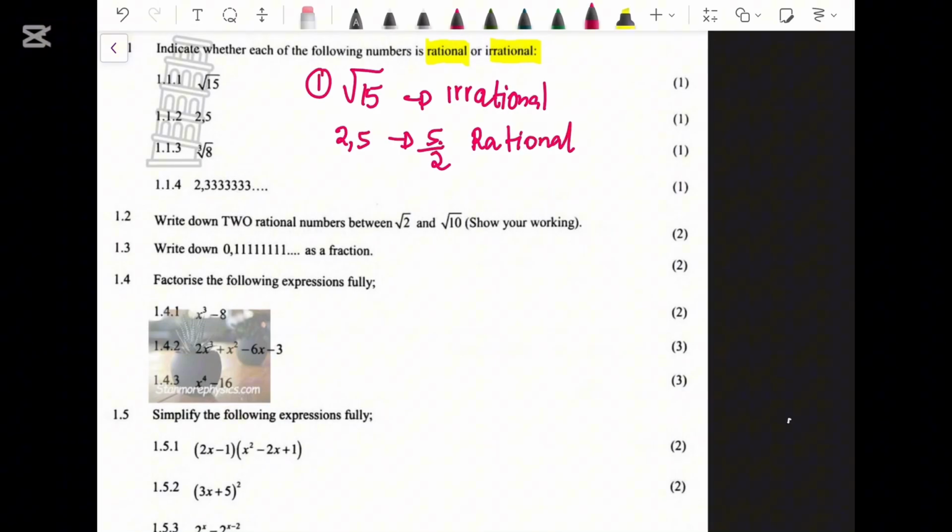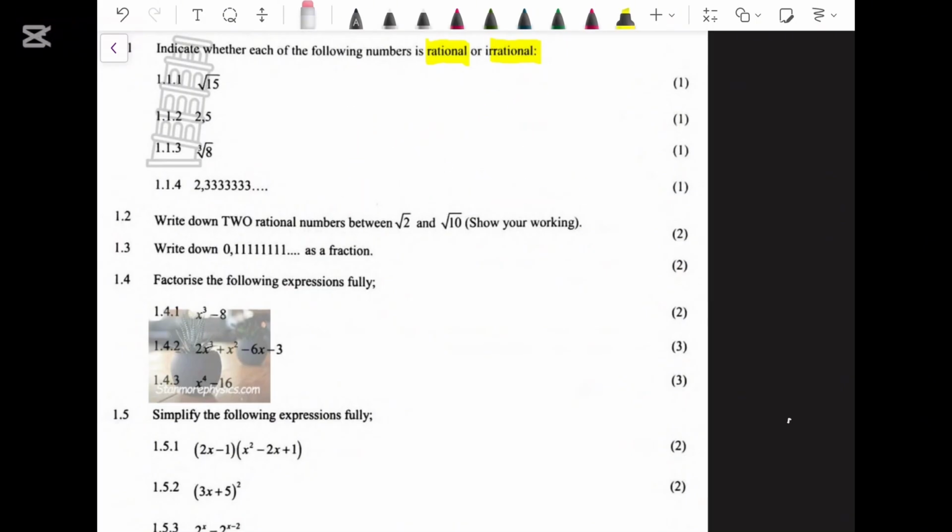And then we are given the cube root of 8. The cube root of 8 is the same as 2, which is 2 over 1. So this one is also rational. Okay, last one. We are given 2.33333. This one is recurring.